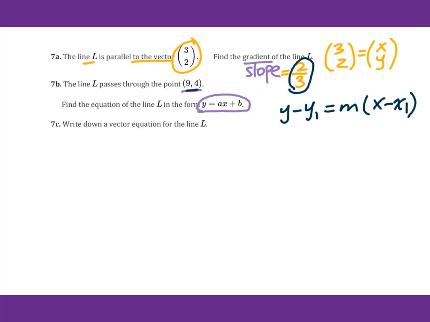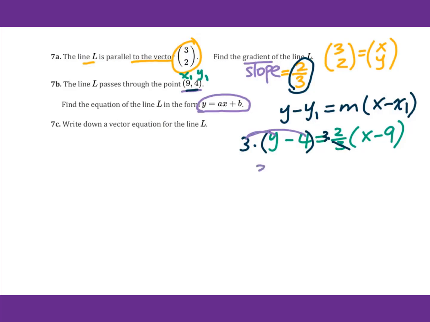So we plug into this formula, y minus 4 equals 2 over 3 times x minus 9. First of all, we need to get rid of this denominator, so we multiply by 3. We don't want to deal with any fraction.